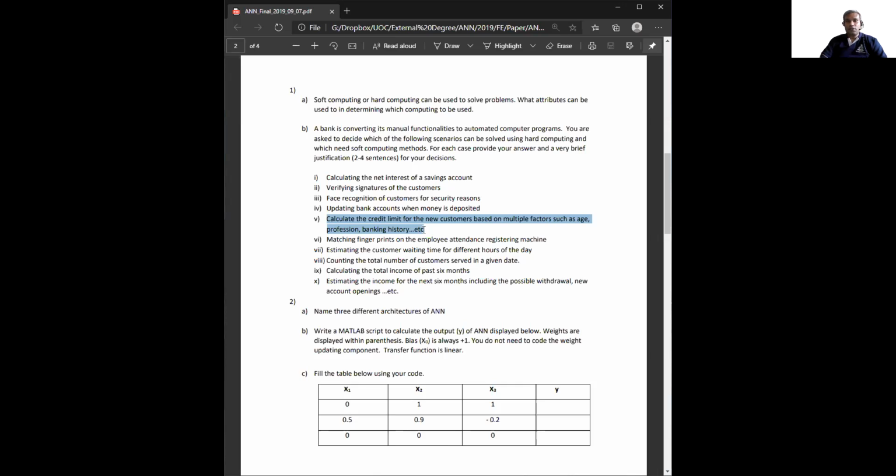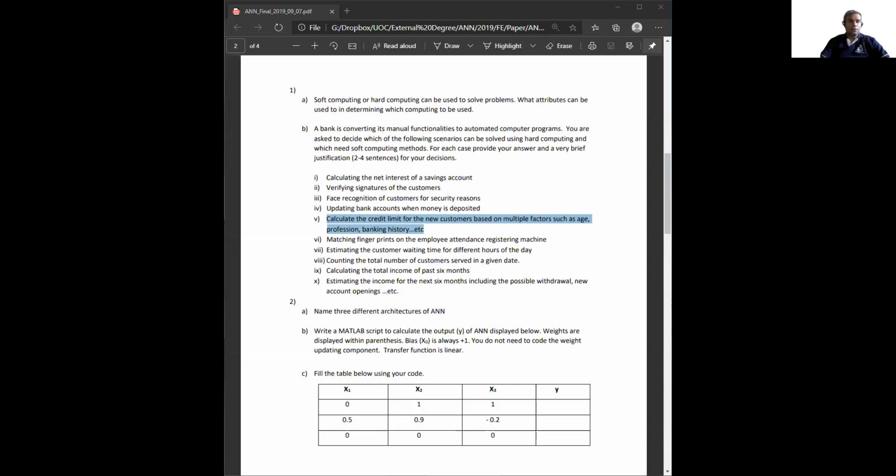Right? So as the question says, this was done manually. Now the bank wants to automate it, right? So the software will get many details like the profession, the banking history, and things like that. And it needs to make a decision on what credit limit to offer a customer.